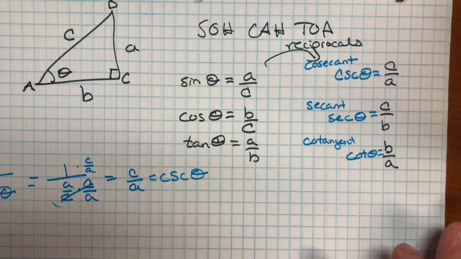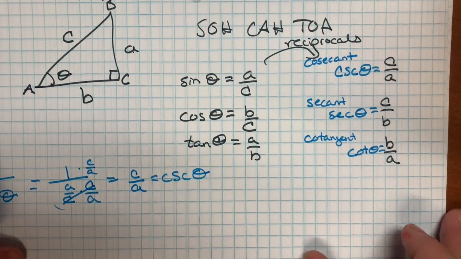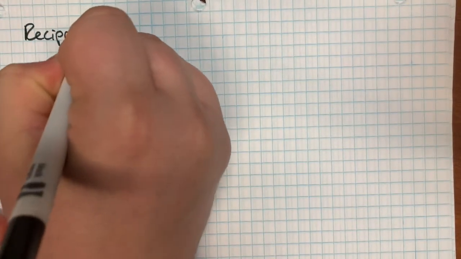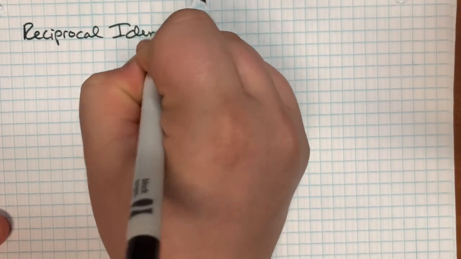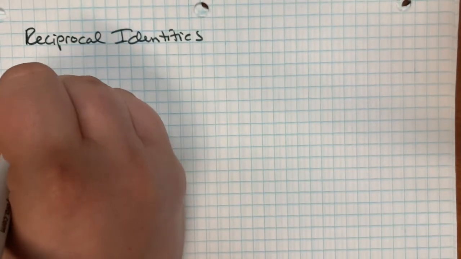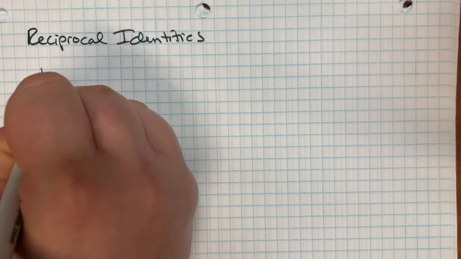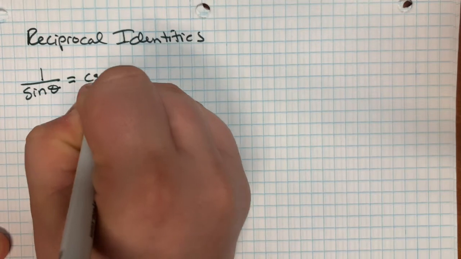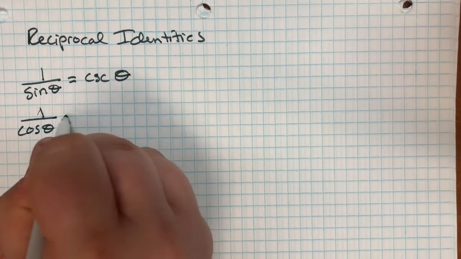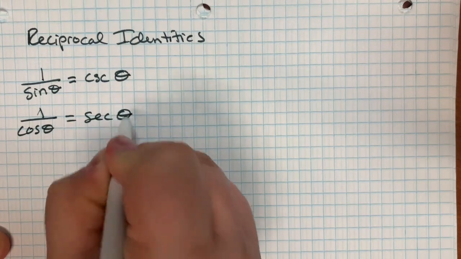And so that gives us several relationships between sine, cosine, tangent, cosecant, secant, and cotangent. Namely, these are called the reciprocal identities, where we have 1 over sine theta equals cosecant of theta. 1 over cosine of theta is secant of theta.